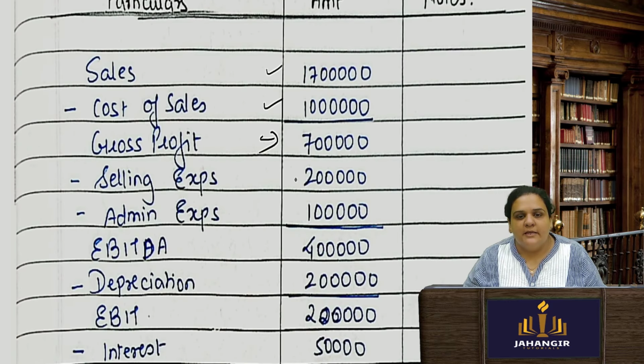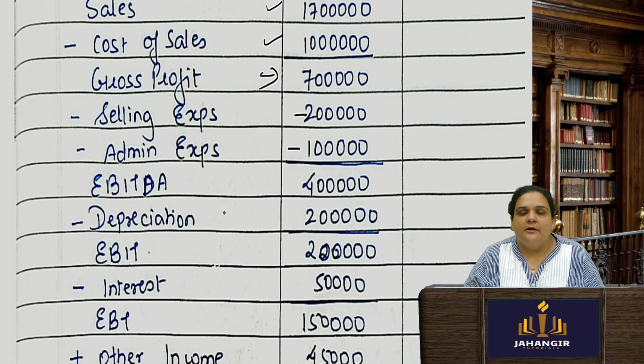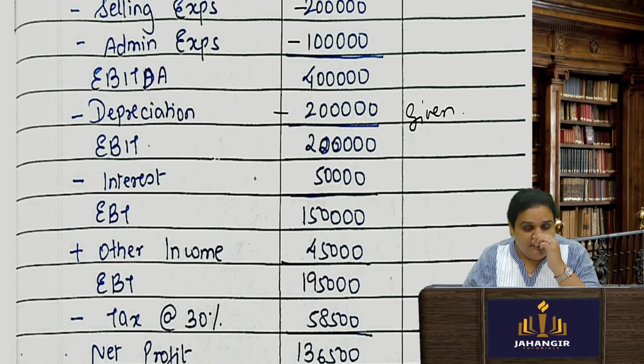From there, remove selling expense, remove administrative expense, you get EBITDA, earnings before interest, tax, depreciation and amortization. Remove depreciation given. EBIT, earnings before interest and tax, is 2 lakhs.